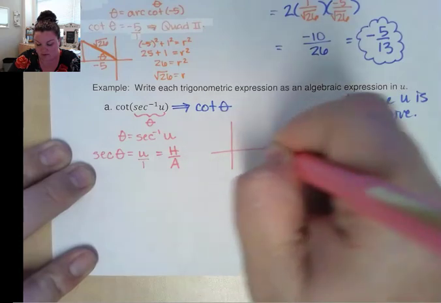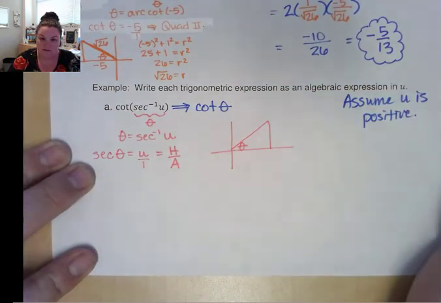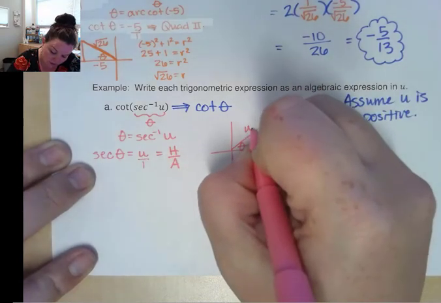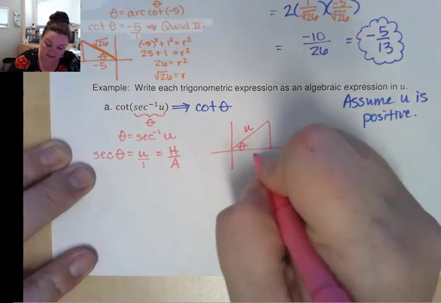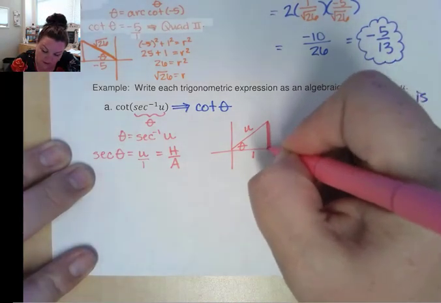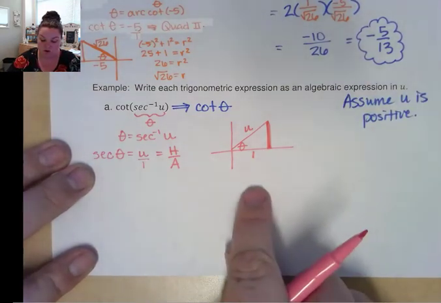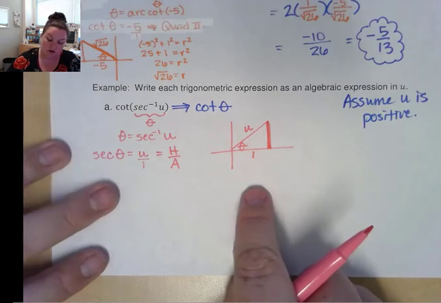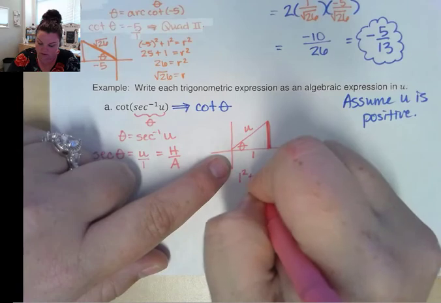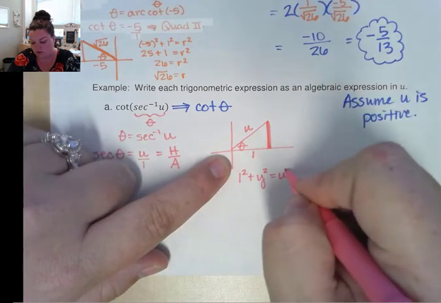So if I make a reference triangle here, and this is my theta, we're saying that the hypotenuse is going to be u, and the adjacent side is going to be 1. So we should be able to find this other length. Let's find that other length by using the Pythagorean theorem. I do my x squared, so 1 squared, plus my y value squared equals my hypotenuse squared, so u squared.